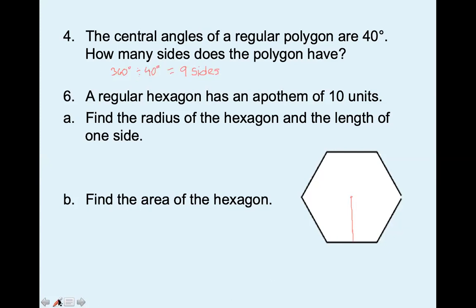Central angles again. I'm going to switch my colors here. Central angles go from the center. If I connect these things, this is a radius, right? Notice a radius goes to a vertex and an apothem goes to a side. So I have this little triangle.